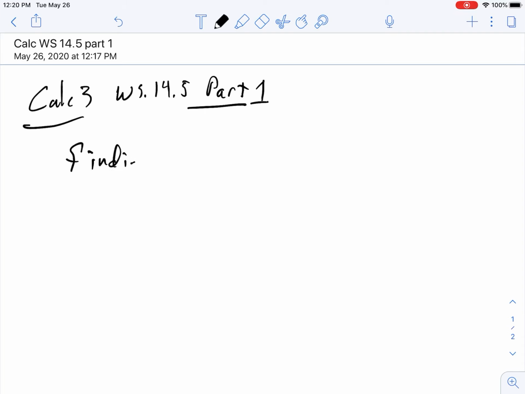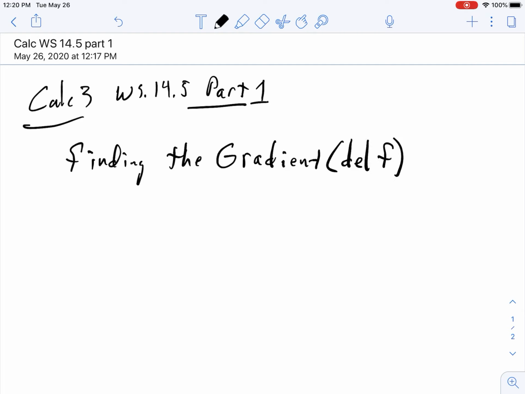On part 1, first off, we're finding the gradient, or we will refer to it as del f. Of course, we have a notation for this, which is an upside down triangle, like so. So this is the first thing we're doing.